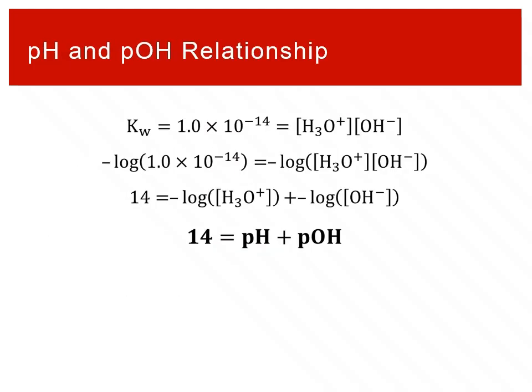If you take the Kw expression, you can do some algebra, you can use some logarithm rules, and you can come up with a relationship that 14 is equal to pH plus pOH. This would be true for any solution: the pH plus the pOH of that solution, those two values have to combine to be 14. You can see that from the fact that things that are acidic have really low pHs and really high pOHs.